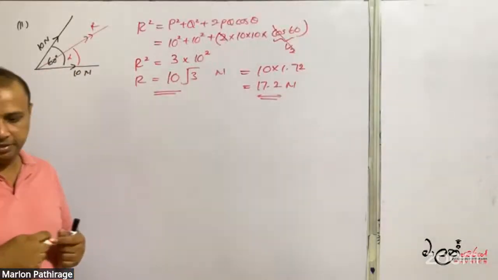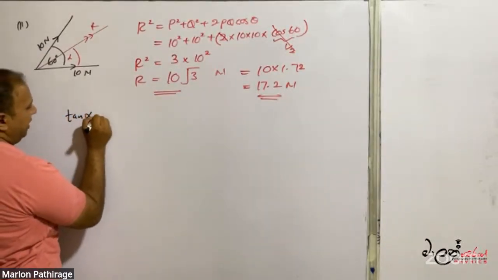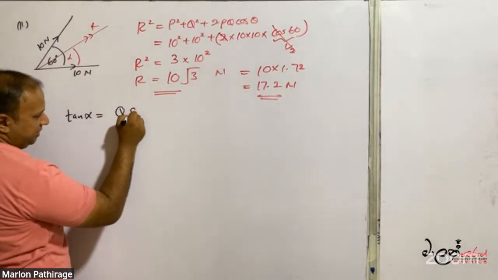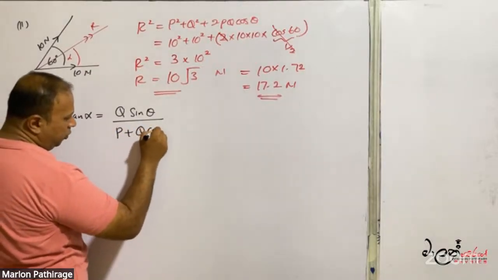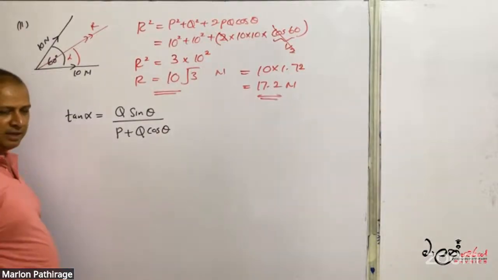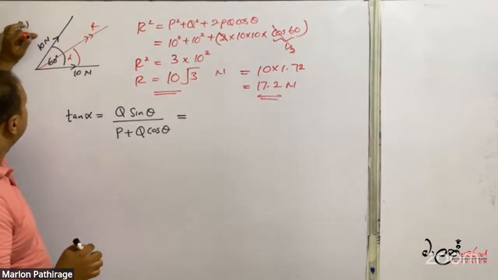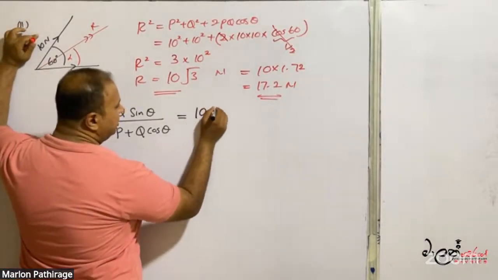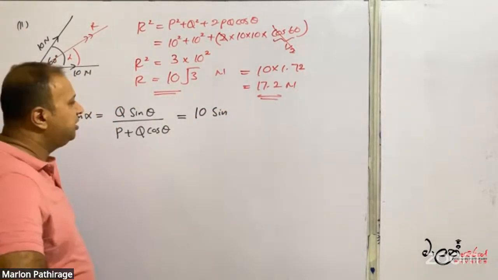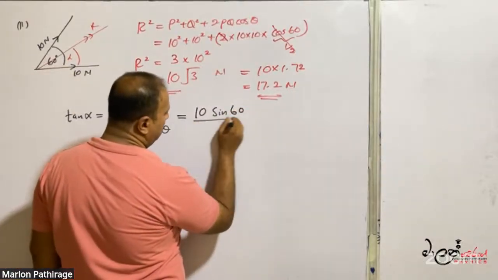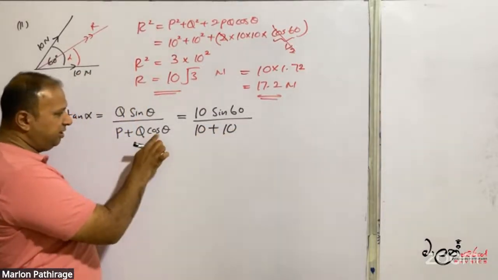Then angle alpha. Tan alpha, what is the equation? Tan alpha is equal to Q sin theta over P plus Q cos theta. Q is 10, sin theta means sin 60, divided by 10 plus 10 again cos 60.